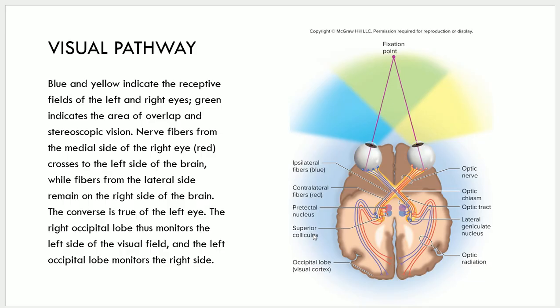Does that make sense? That's why it's not necessarily just right to left and left to right, because you've got some red fibers that go right and some that go left, and some blue fibers that go left and some that go right. So it's a redundancy system: should there be brain damage on the left brain, you're still getting visual information from both eyes to your visual cortex, to your occipital lobe.